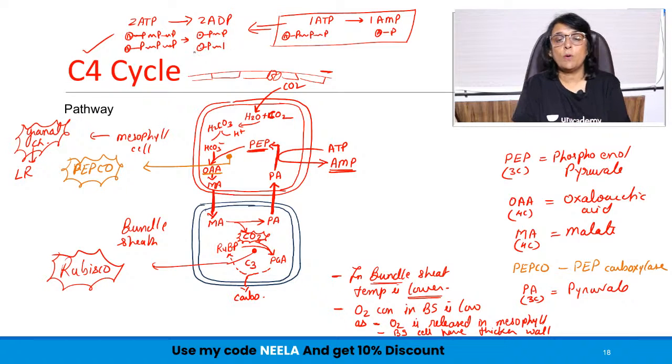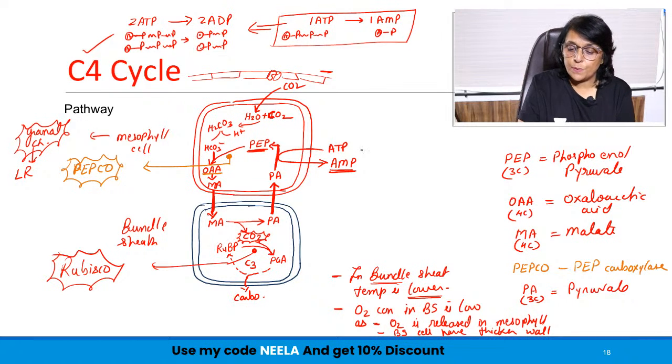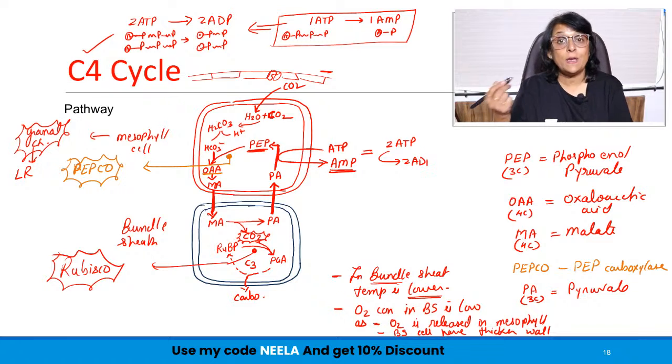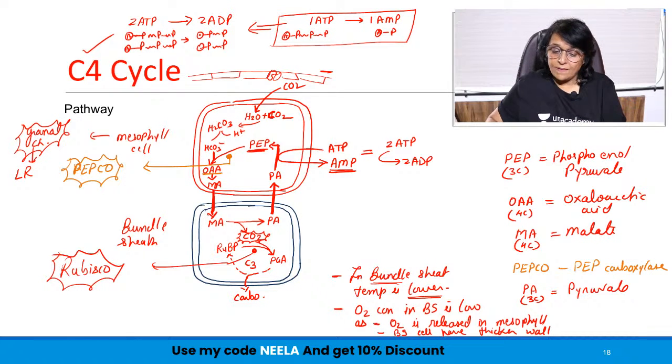How many phosphate bonds are broken? Again 2. So for calculation purposes, can this be written as 2 ATP into 2 ADP? Because we have to calculate the number of ATPs required to synthesize carbohydrate or one glucose molecule. Okay, so if this is clear, then we will come to the ATP requirement and NADPH requirement.